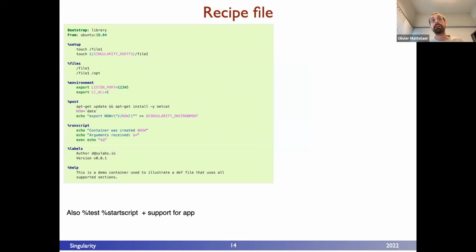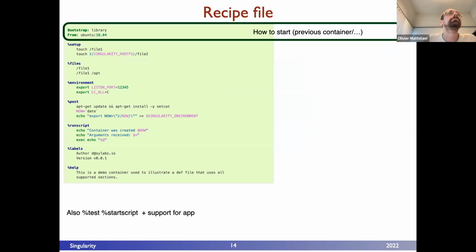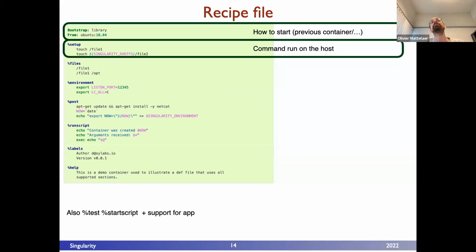In the recipe file, you can have more options, obviously. This is the same as before. The setup is quite interesting, especially in the case of remote build. It's a set of commands that you run on the host. That's why you can do some wget to get information to have the initialization files ready on your host.